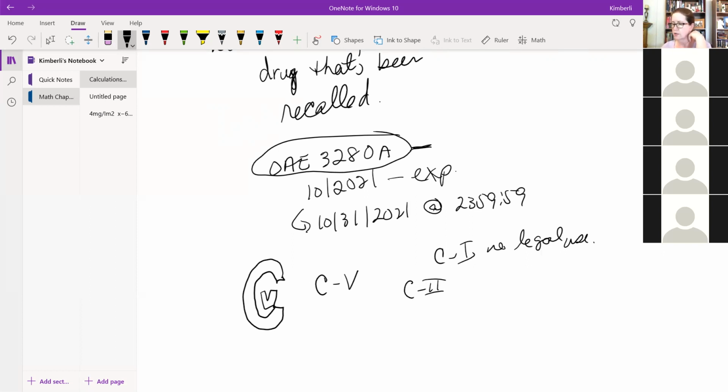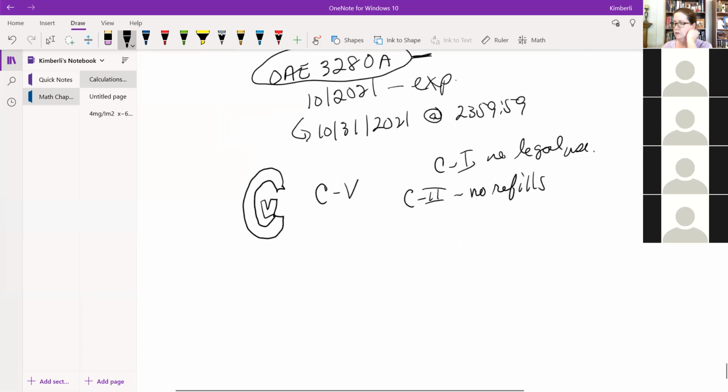C2 are the strongest that you can still get, and you can't have any refills with a C2 medication. These are things like Dilaudid, morphine. They moved Norco and Vicodin up to a C2 a few years ago. They used to be a C3.